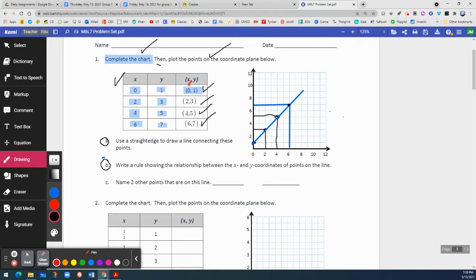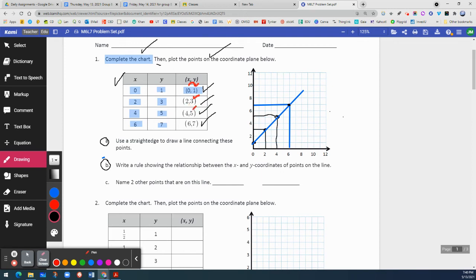So now, if you compare X and Y, Y is 1 more than X because X is 0 and Y is 1. And on this second one as well, X is 2 and Y is 3. So the result is that Y is 1 more than X. So it looks like the rule is going to be that Y is 1 more than X. Let's check the next one.